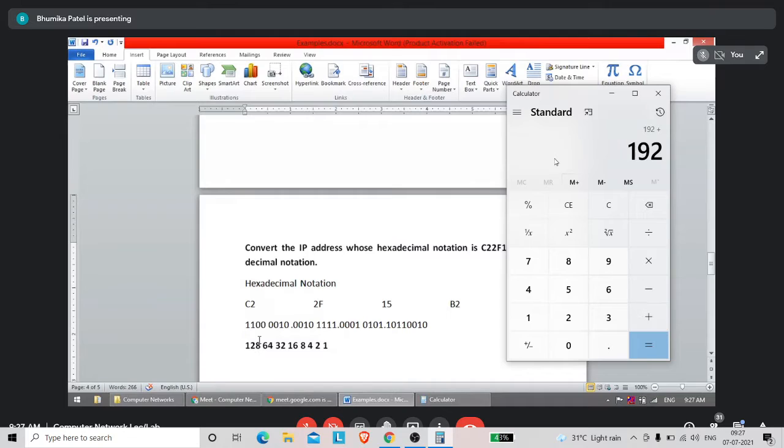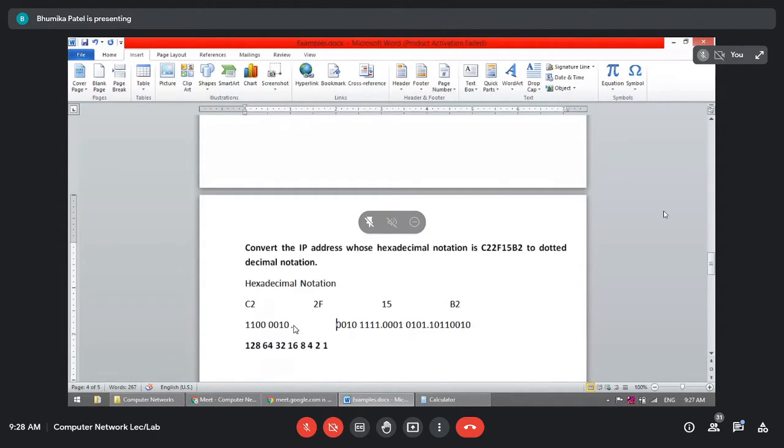Okay, fine. Right, so here I'm just taking these 8 bits, and these 8 bits correspond to 128, 64, 32, and so on. Just look at which particular bits are 1. Here the first bit, 128, is set to 1, and 64 is also set to 1, so 128 plus 64.